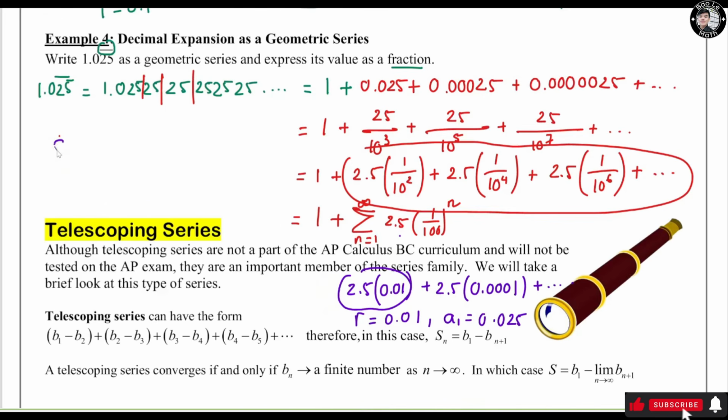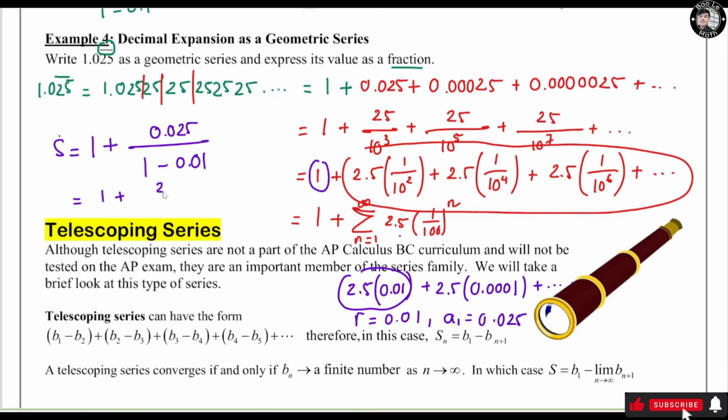So then the sum equals, don't forget this one, 1 plus the first term 0.025 over 1 minus the common ratio, which is 0.01, because this one is less than 1 and greater than 0. So we have the sum. Now if we simplify this one, it's going to be 1 plus, I'm going to multiply the top and bottom by 1000.